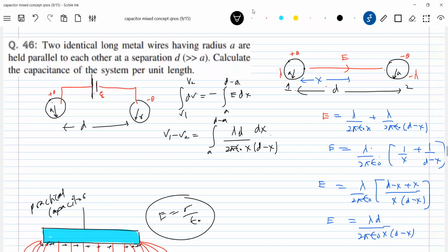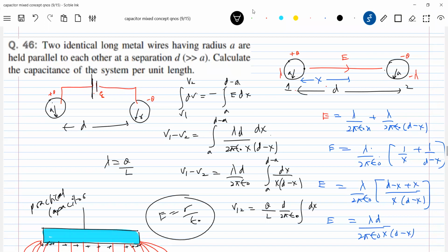Lambda you can write as charge per unit length, Q by L. And this will be as usual the limits.